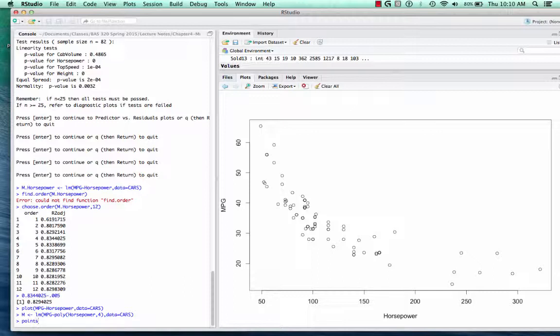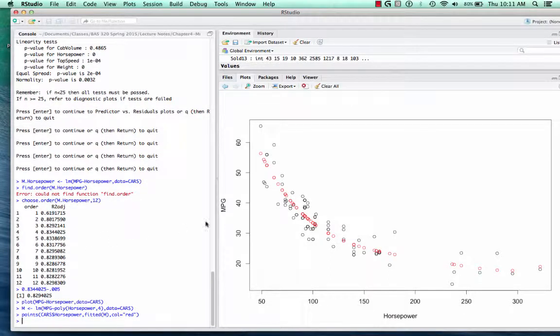So I'm going to add the values of the horsepower. Don't worry too much about the syntax. We'll learn that a little bit later. I'm going to make this in red. And I see my 4th order polynomial seems to really match the trajectory of that stream of points.